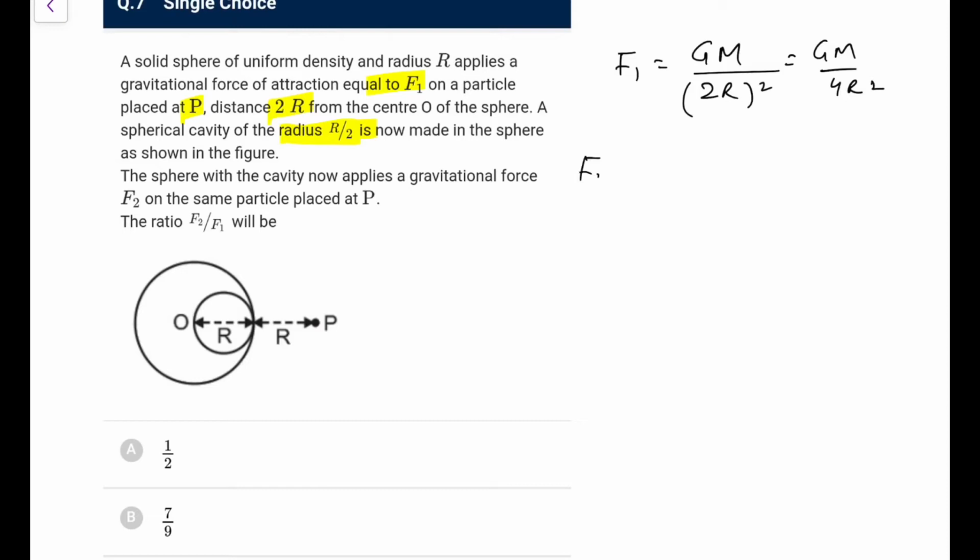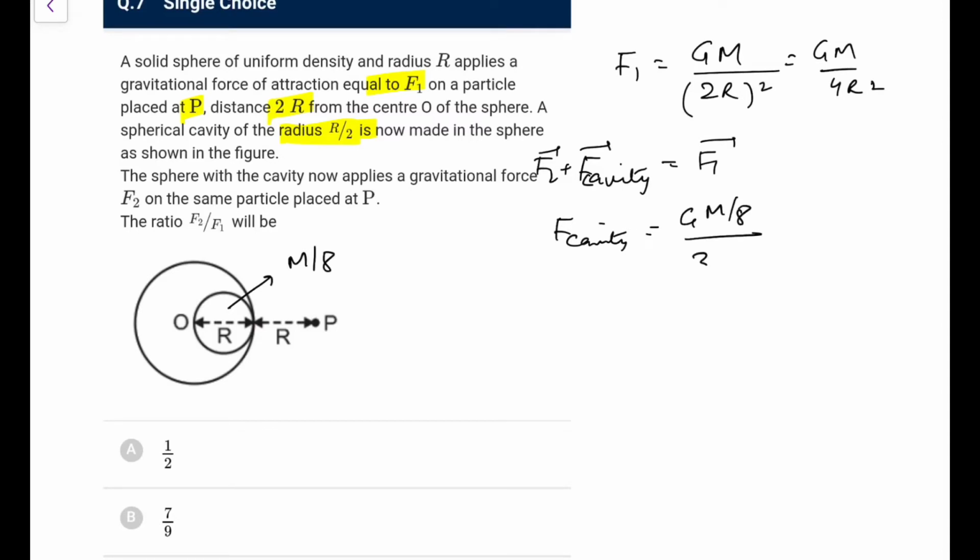Now take the effect of the cavity only, because F2 plus F of cavity is equal to F1. So what is F of cavity? The direction will be the same. Because the radius is half, its mass would be M by 8. So it would be GM by 8, and from its center the distance would be 3r by 2 whole square. So it would be 4 GM by 8 into 9r square, that you can write as GM by 18r square.